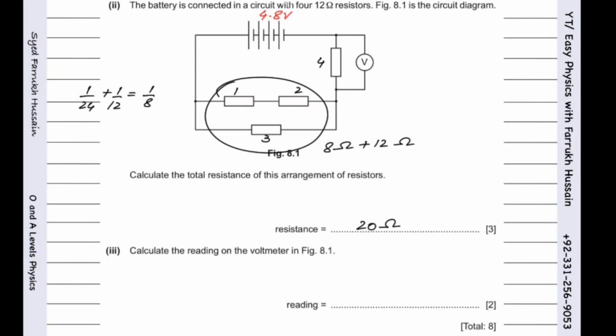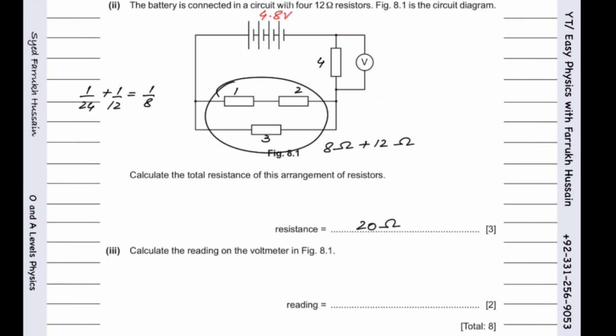You can use the proportionality method. Let me tell you this trick. 4.8 volts is actually for the 20 ohm resistors, for the complete circuit. But you have to find it just for this one, which is 12.